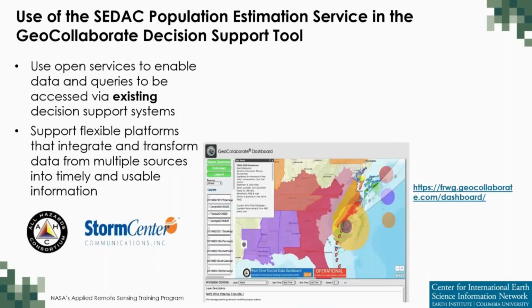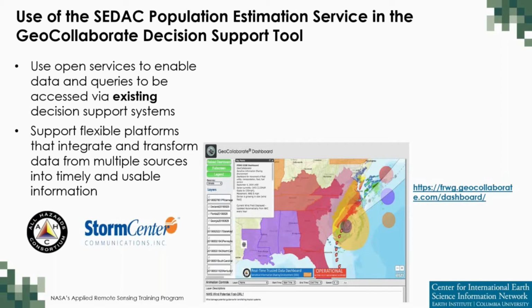An operational application of the data is illustrated here in a tool called GeoCollaborate, which has been developed by a private company called Storm Center Communications. They work with a group called the All Hazards Consortium, which helps utilities respond to extreme events like tropical storms and other weather extremes.